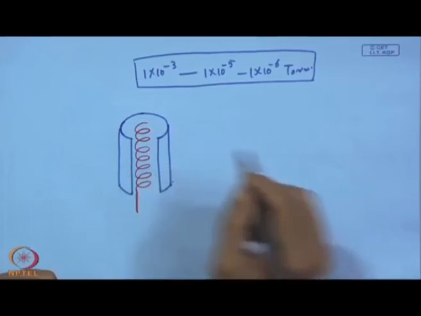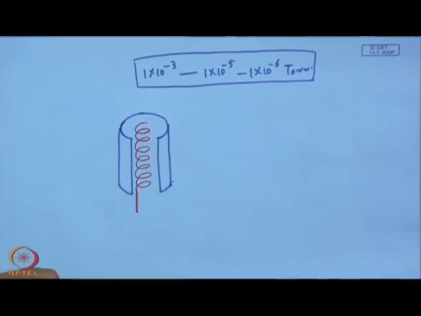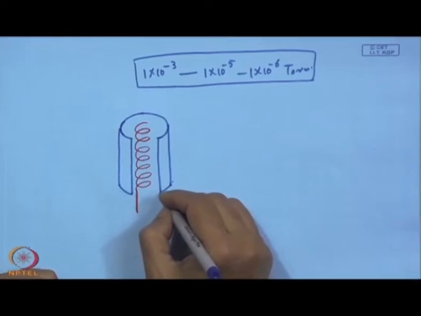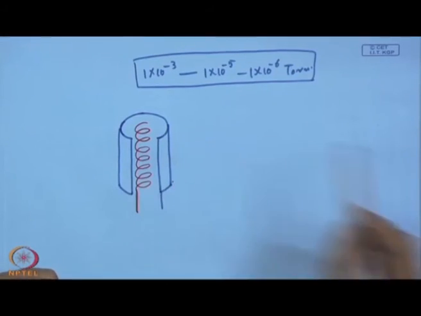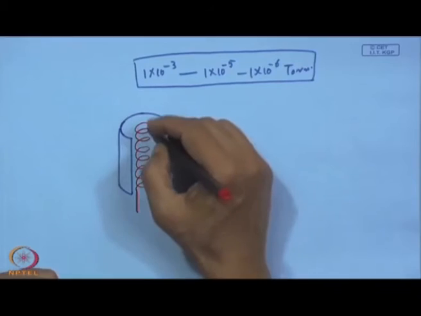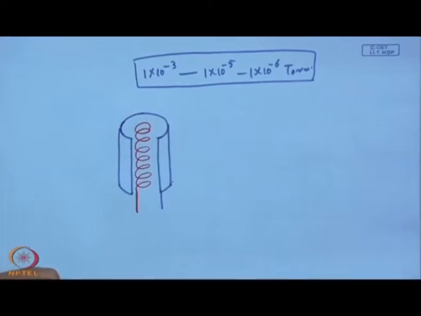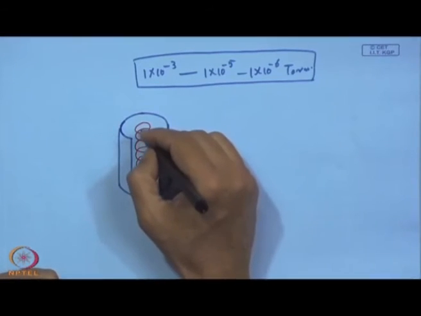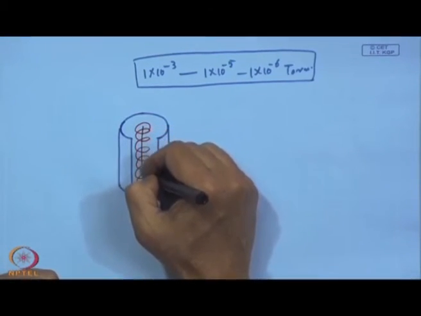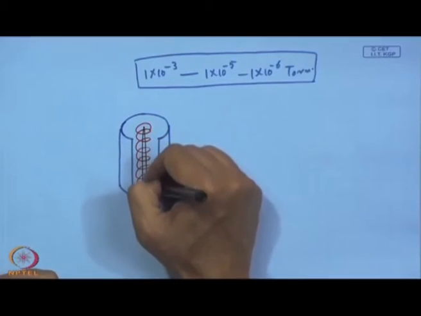This has one terminal, this one too, and additionally we have one electron emitter. So, this is the electron emitter.